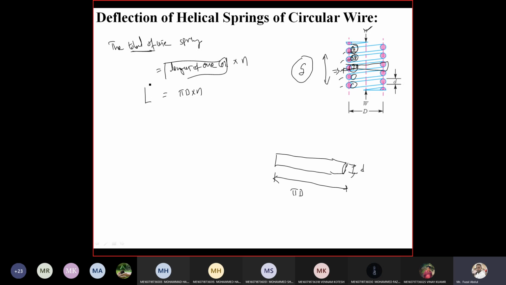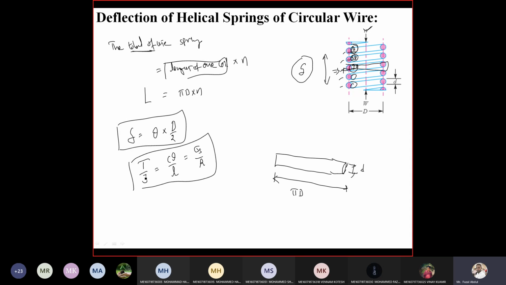Okay, so the relation between the axial deflection and angular deflection is, I am writing here, D by 2. Now we know the torsion equation, T by J equals C theta by L equals shear stress by R. With this relation, we are going to calculate the deflection.